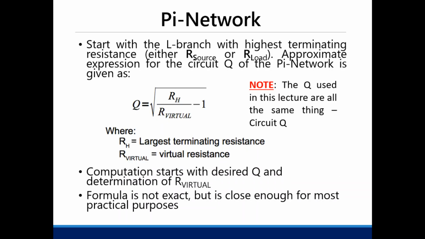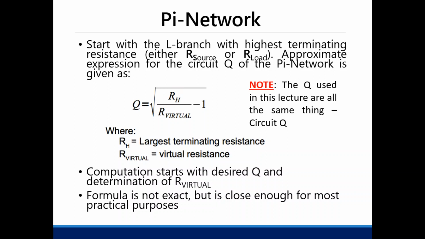So the Q of the circuit will now be defined by this equation right here. It will be RH divided by the virtual resistance. RH here will be the largest terminating resistance, and R virtual is the virtual resistance. So RH is either R source or R load, and you choose which one of them is larger.